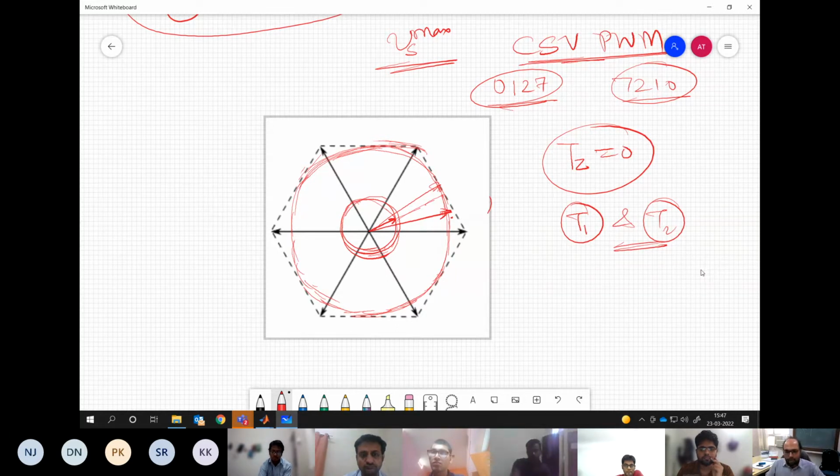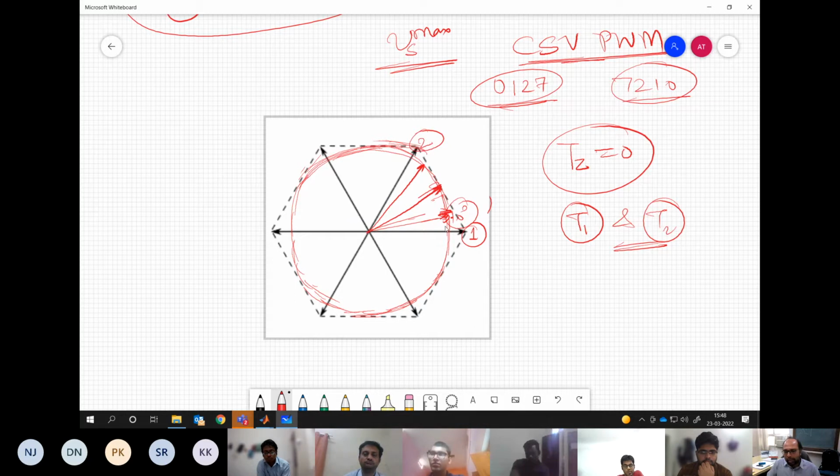Now, if you see the contribution of T1 and T2, let's say I draw 3 samples, 10, 30 and 50 degrees. At 10 degree, you will see that the contribution of vector 1 is large, more compared to 2.